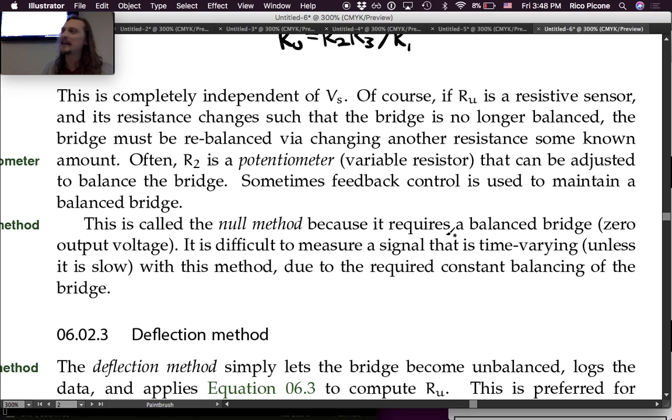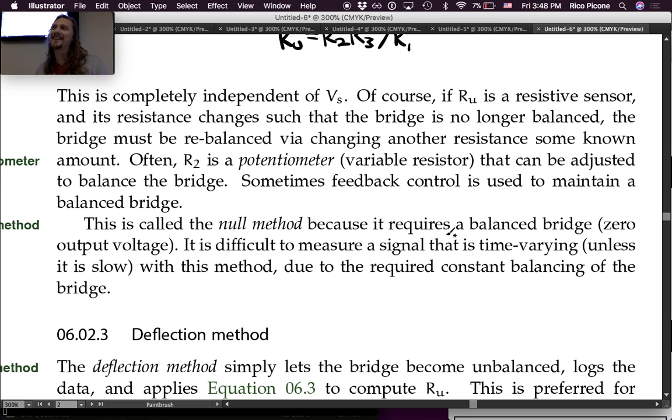So it's the same also with the thermal one. Actually, for the thermal one, I had you guys in the lab do this second method, the deflection method. But when I first wrote that lab, I had you do it with the Null Method. I had feedback on it, and I had a digital potentiometer that kept balancing the bridge. It was pretty fun.